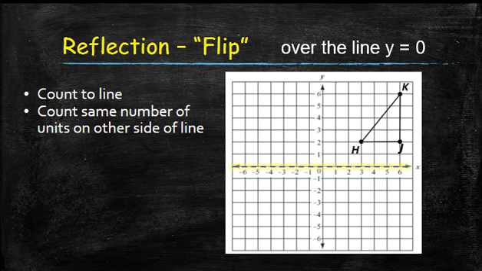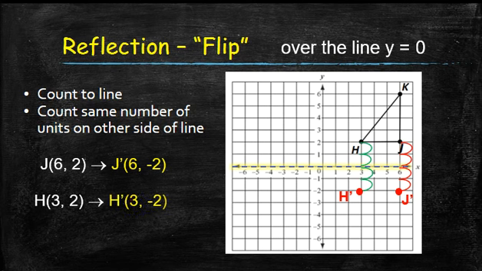So I'm going to start with point J. I need to count to the line. So I count down 1, 2. And now I need to count on the other side of the line the same number, 1, 2. So my new point J prime is at 6, -2. I'm going to repeat the same thing for H. Count to the line, count on the other side, and H prime is at 3, -2.